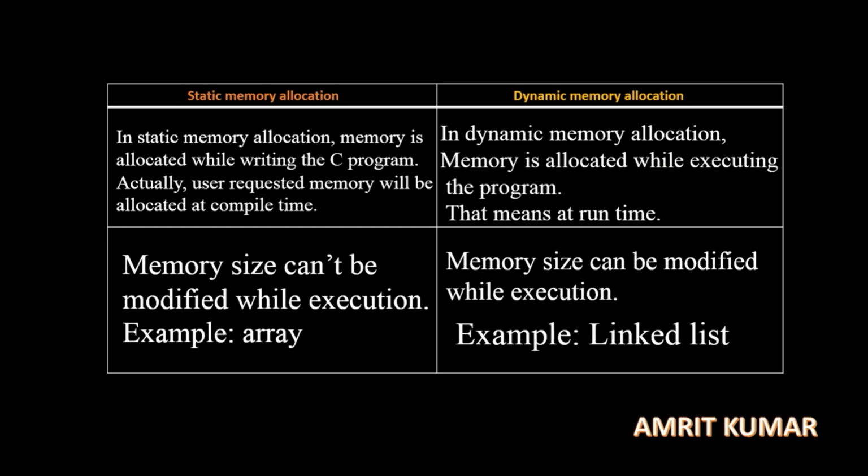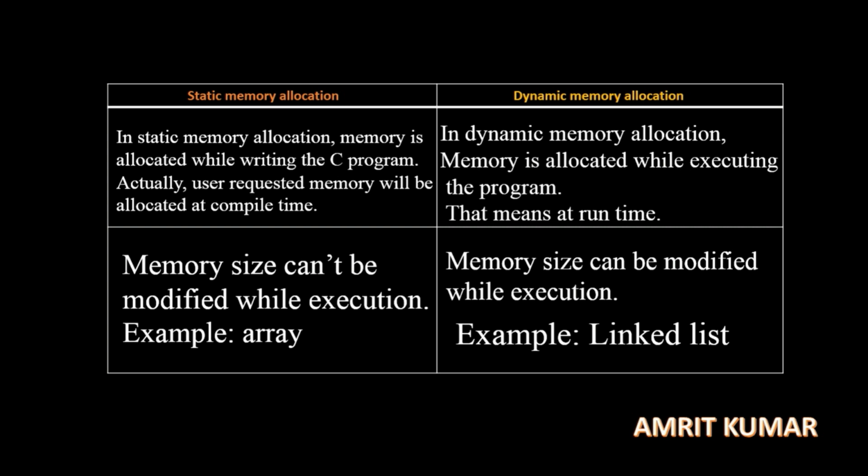Static memory allocation works at compile time. It means you have to request memory from the compiler, saying that I want such kind of memory in the RAM. So this is static memory allocation. In dynamic memory allocation, you create your own memory during the execution of the program at runtime, and that is the benefit of dynamic memory allocation.